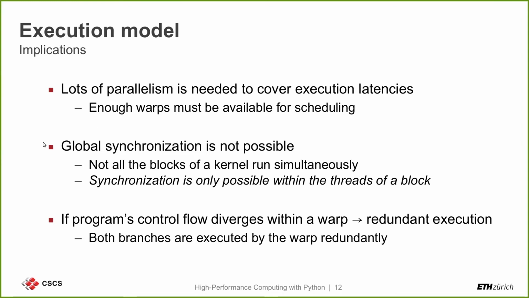Global synchronization is not possible because all the blocks of the kernel do not run at the same time, so you cannot synchronize between them. Synchronization is only possible among the threads of the same block. And as we saw before, if a program's control flow diverges within the same warp, we have redundant execution because both branches need to be executed by the warp.